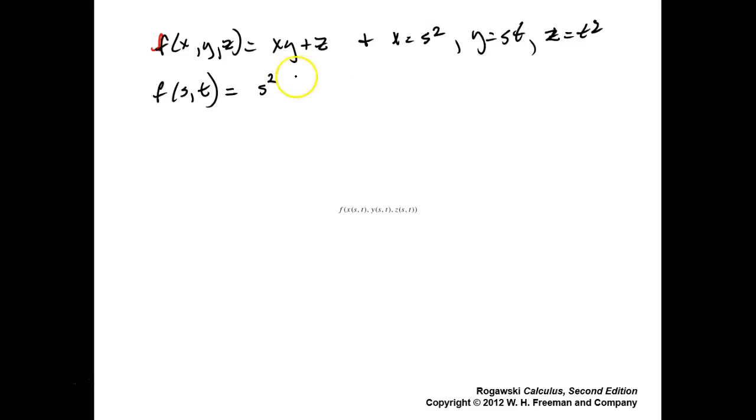What is y? st. You see? st plus z, which is t squared. So your f of st is s cubed t plus t squared.